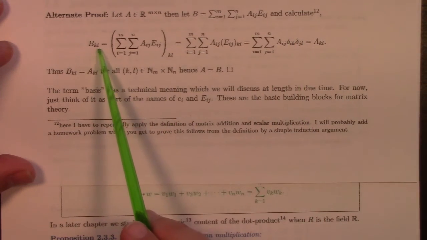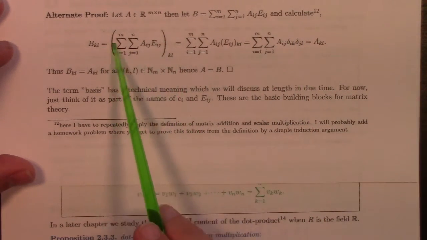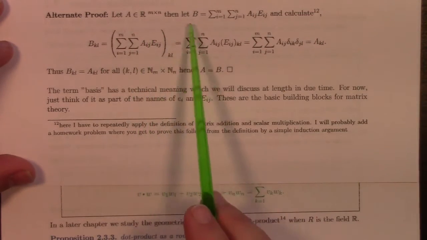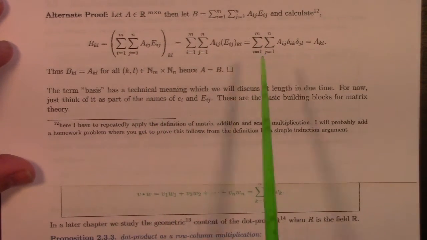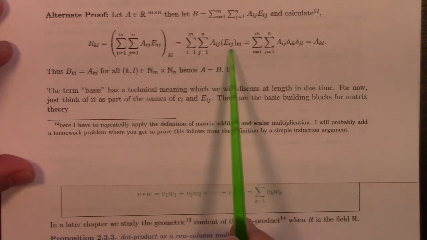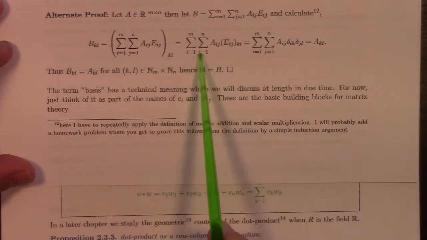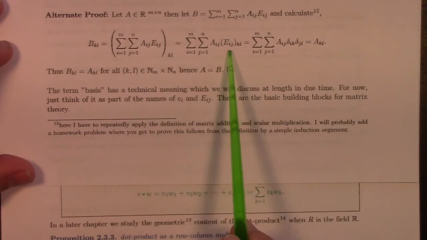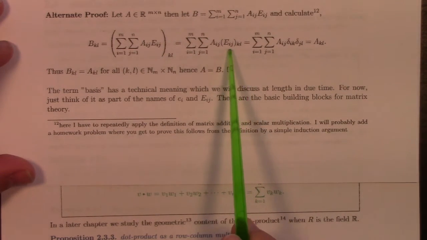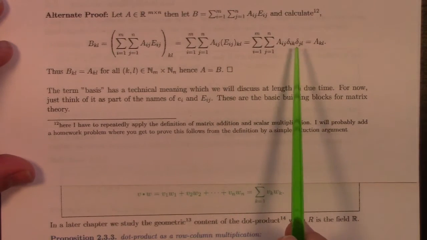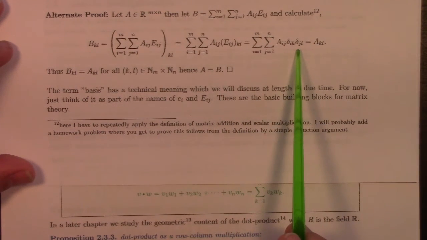So I look at Bkl, the klth component of how I've defined B to be this sum over the Eij's. Then I apply the definition of matrix addition and scalar multiplication to get this. The definition is that Eij is only non-zero when i is equal to k and when j is equal to l, so that gives me Kronecker delta ik, Kronecker delta jl.